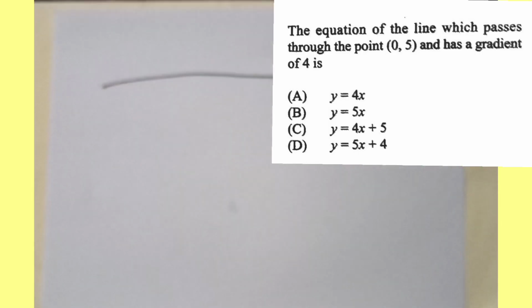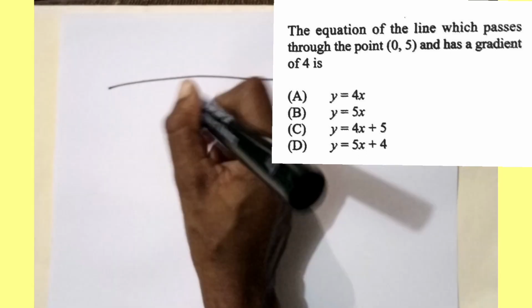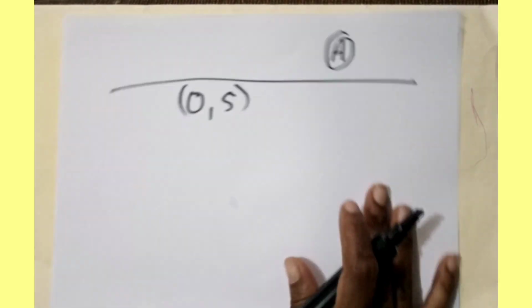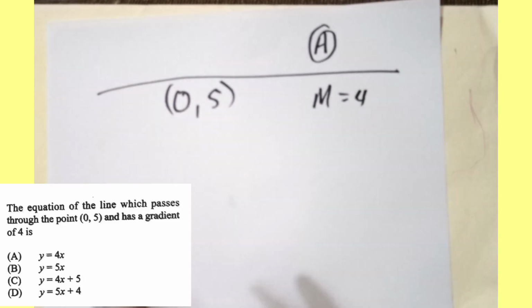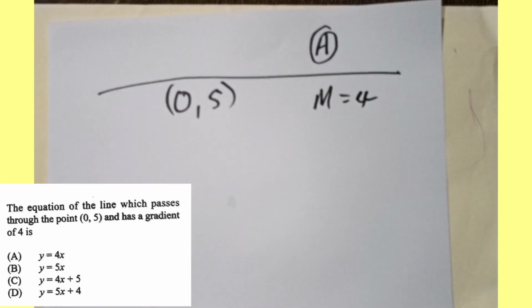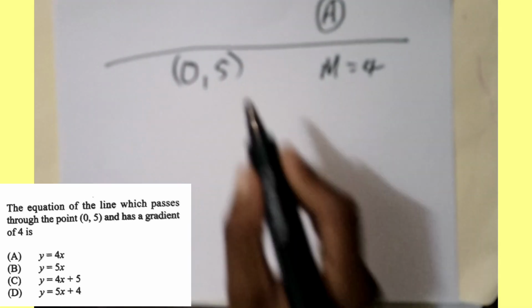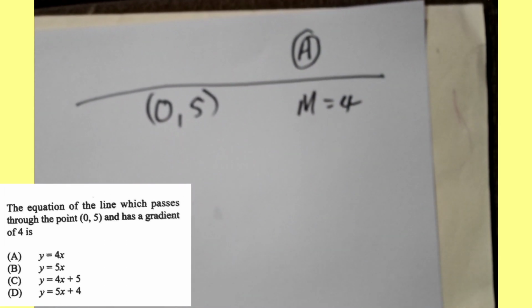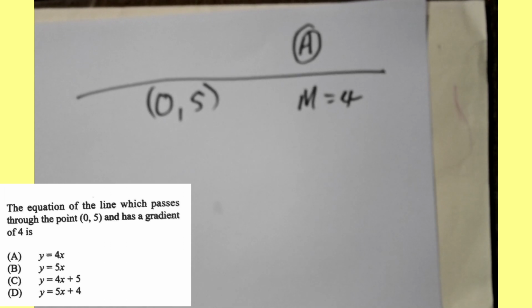Now the next question. The equation of the line which passes through the point 0, 5 and has a gradient of 4 is... So this means when you substitute 0, 5 in any of these equations, you should get a gradient of 4. And if you substitute the x term 0 in the equation that has a gradient of 4, then your y should be 5.